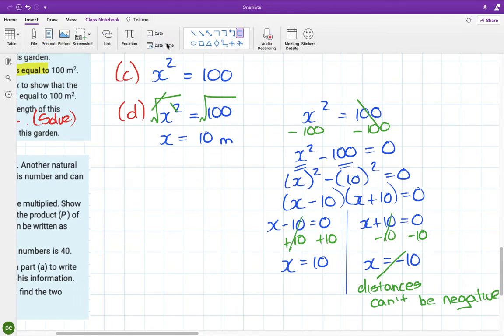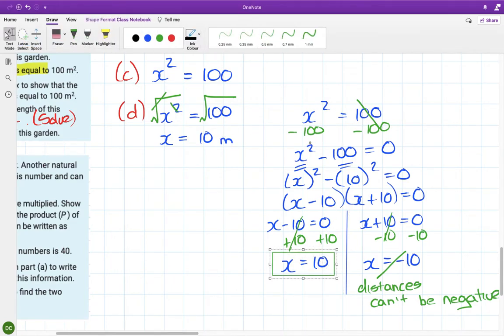Now, I don't want to go into it in too much detail, but that brings up an interesting talking point, because both of these equations are solving the same thing. When we did it using the difference of two squares on the right-hand side, we got two answers. But when we did it using square roots on the left-hand side, we only got one. So anytime you do a square root, you should acknowledge both answers. If you think about it, x squared equals 100. Let's say x is 10. 10 squared equals 100.